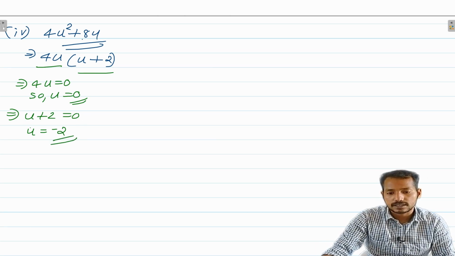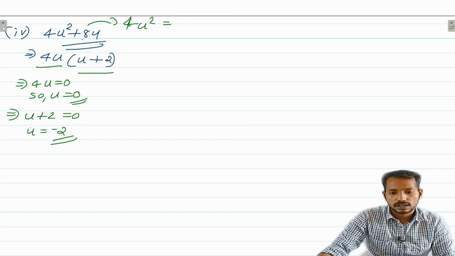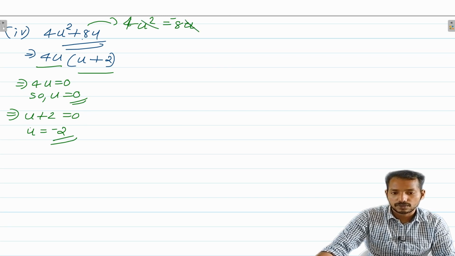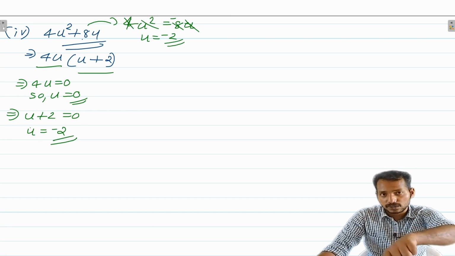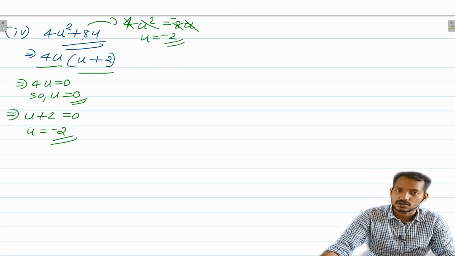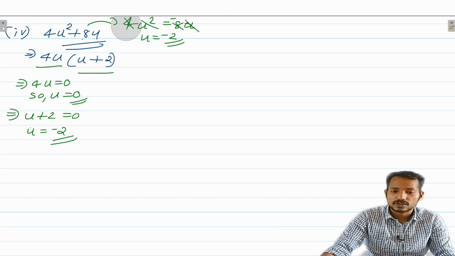Never solve like this: 4u square is equal to minus 8u, and then cancelling u and 4, you will get u is equal to minus 2. You will get only one value, but you will not get u equal to 0 if you solve like this. So always go for proper factorization. Clear?